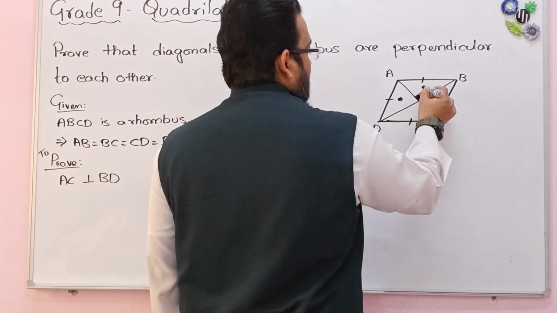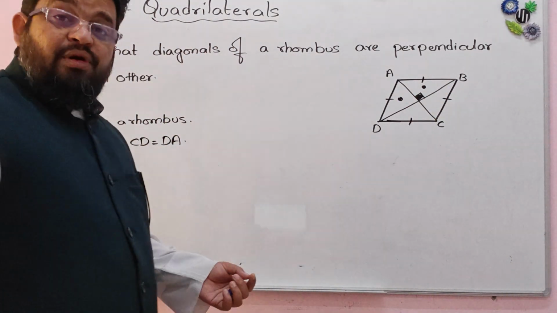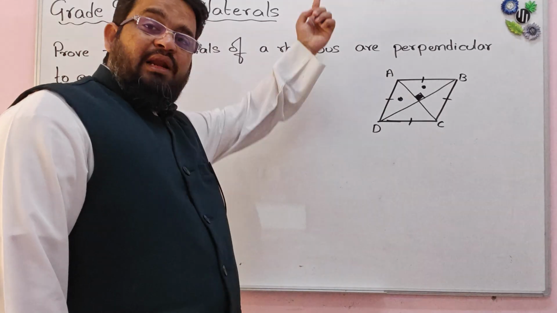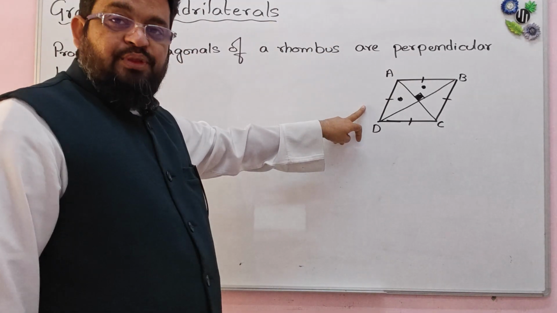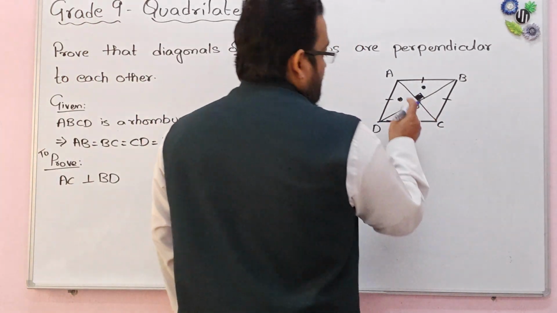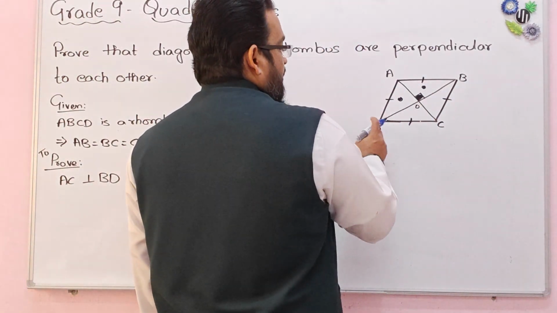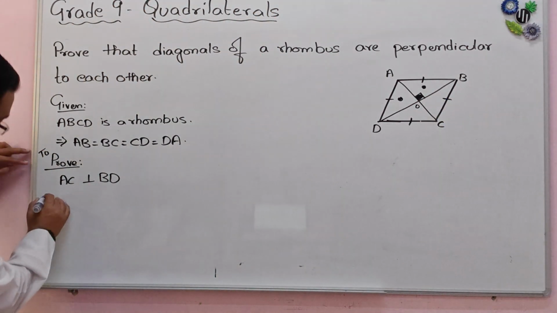Are these two adjacent triangles? Any two adjacent triangles. And when I say rhombus, it is a parallelogram. All the properties of parallelogram satisfy. That means the diagonals bisect each other. So AO is equal to CO, DO is equal to BO. Got it, my dear students? So proof.